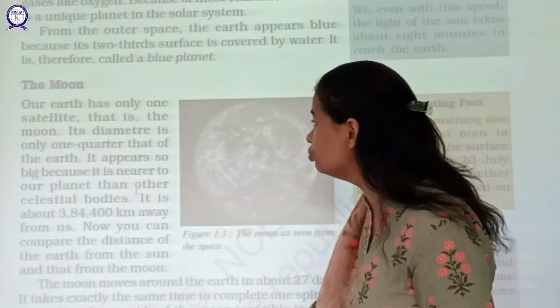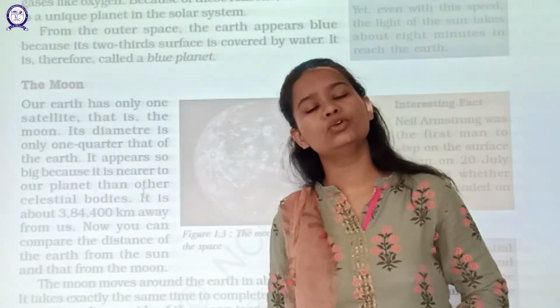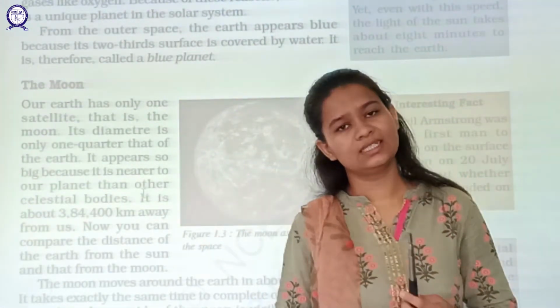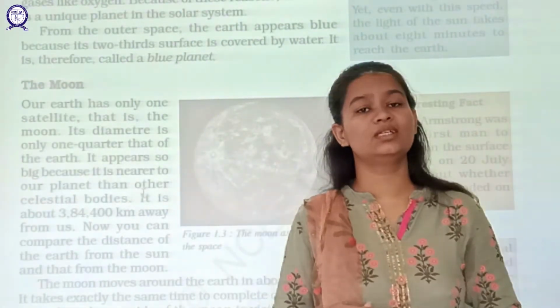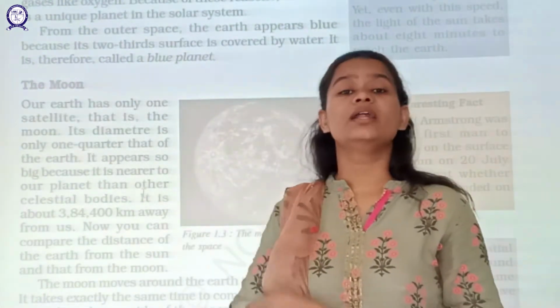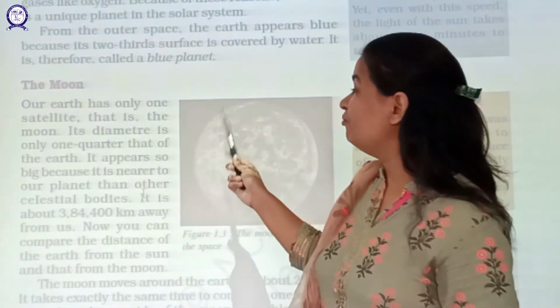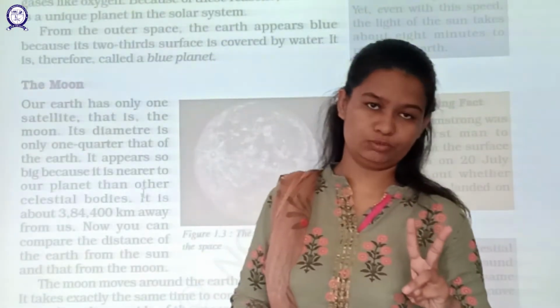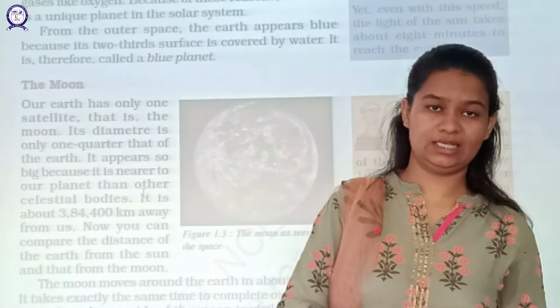The next is Moon. Now what is Moon? Remember students, in the starting I gave you the definition of satellites: certain bodies that revolve around the sun and give us various information regarding weather forecasting, channel broadcasting, etc. Basically, we have 2 types of satellites. One is natural satellite and the other is artificial satellite.